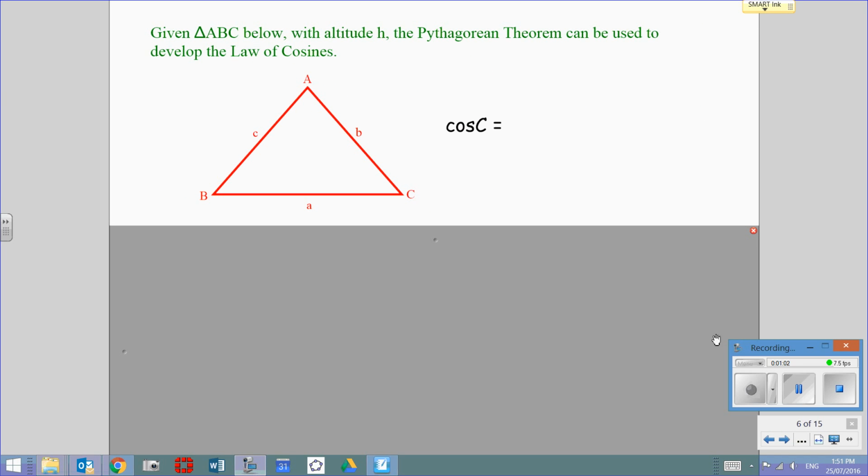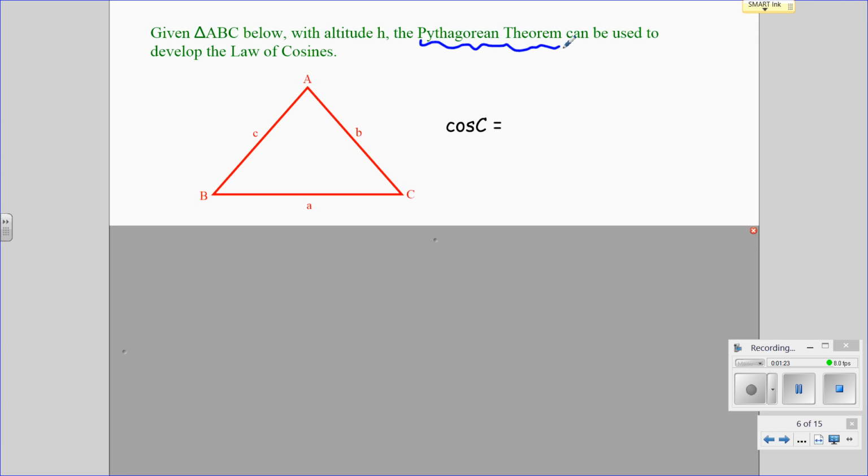So to start off, we start with a very familiar triangle to us, which is just a generic oblique triangle. This one's an acute triangle with corners or vertices A, B, C, and then our side lengths are little a, little b, and little c. And we start with something we know in order to prove something that we don't know yet, right? So we have Pythagoras, the Pythagorean theorem.